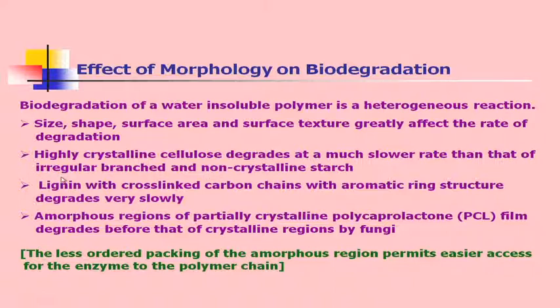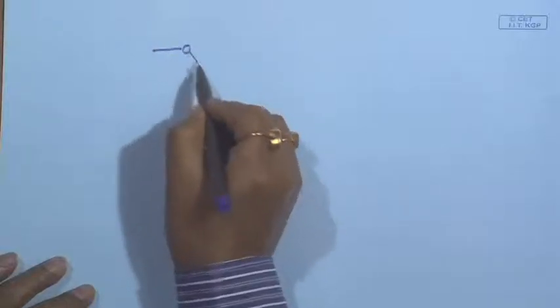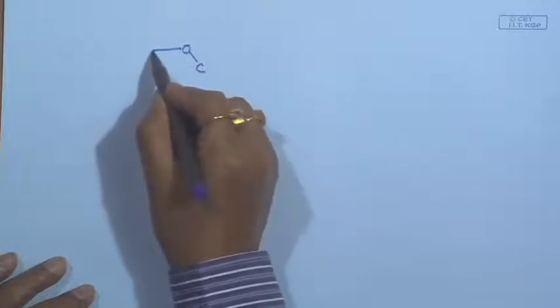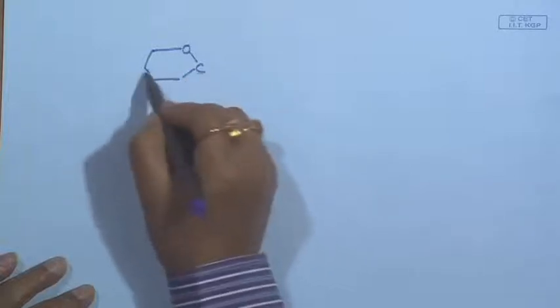Highly crystalline cellulose means that cellulose molecules, say it looks like this. These are all carbons.